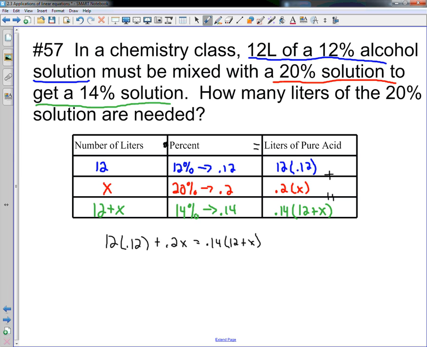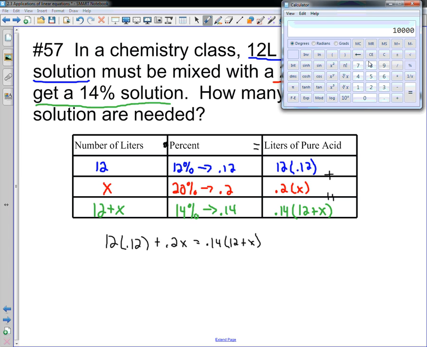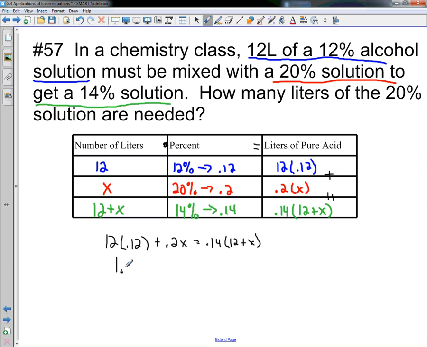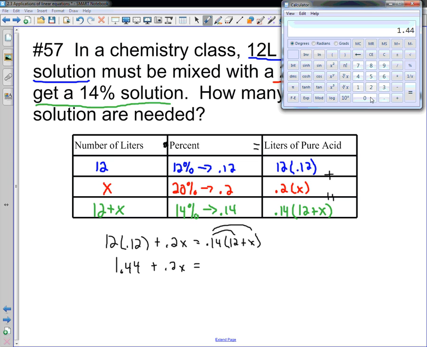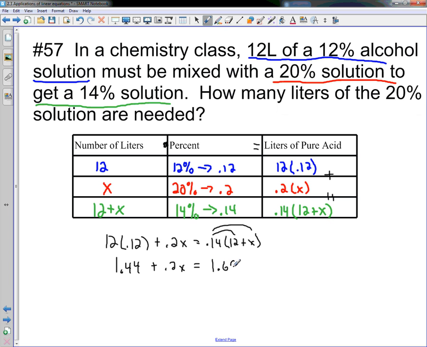So let's go ahead and get our calculator out and multiply these out. So we have 12 times 0.12, and that's going to give me 1.44 plus 0.2x equals, distribute in, and we have 0.14 times 12 equals 1.68 plus 0.14x.